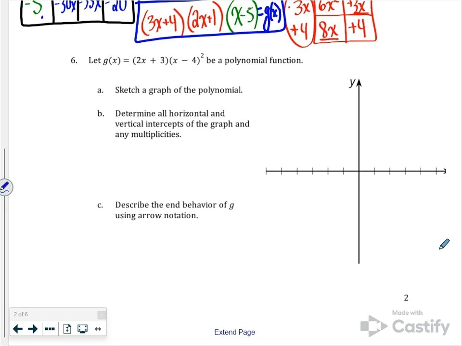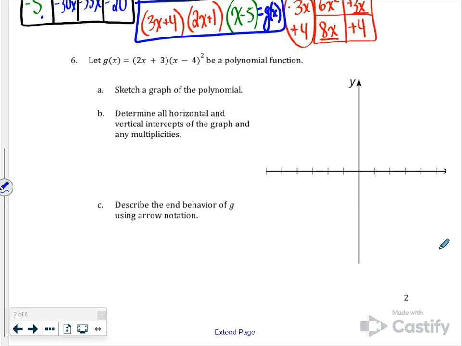We also looked at the behavior at different x values. So we're going to take a look at a couple things in this problem. Number 1, we have to figure out the direction of the arrows. We have to figure out what crossing points are on the x-axis. And we need to determine if things are going to cross or they are going to bounce at that x-axis.